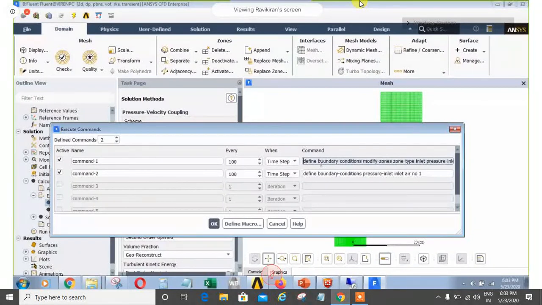So this is the command line which we can opt for to convert it into the pressure inlet. If you remember, our inlet was the mass flow inlet.